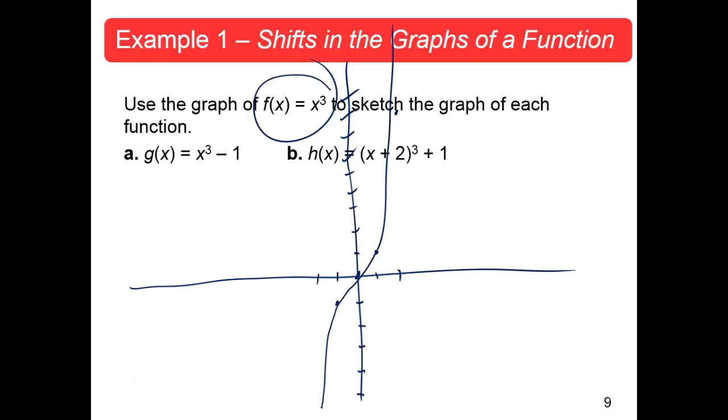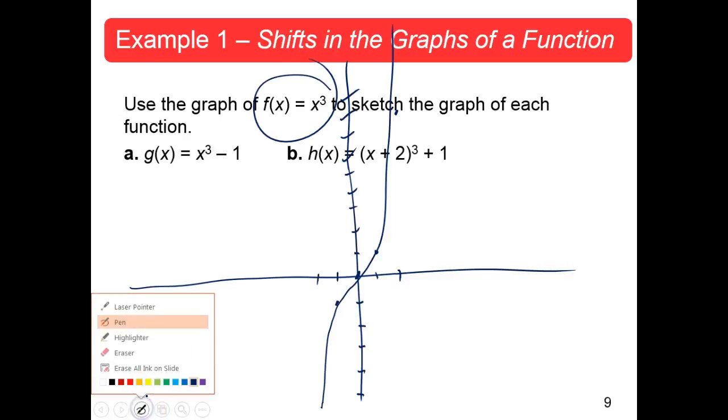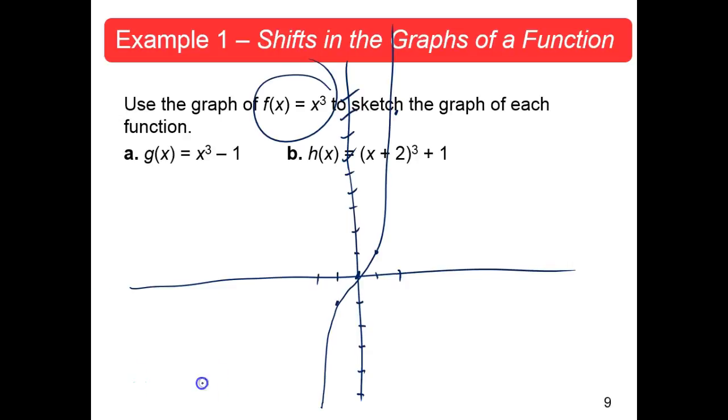How would you do g? Let's do g in a different color. You pick a color here. Purple wins. Okay, so here will be purple. What do you think is going to happen here? Every point down 1. Here it goes down 1. This one goes down 1. This one goes down 1. This one goes, where is it?